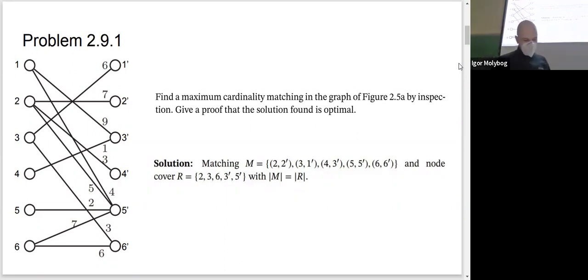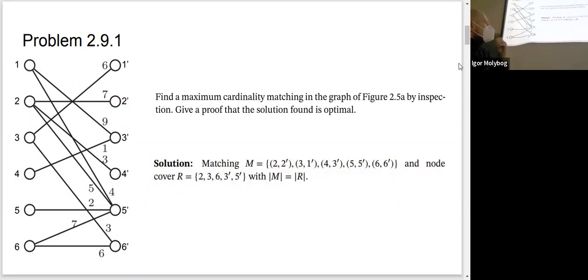It is not that difficult to find the matching. Moreover, it looks like there are multiple maximal matchings, but one of them is claimed to be this one. The first edge is 2 dash, and then 3 1 dash, 4 3 dash, 5 dash, and 6 dash.